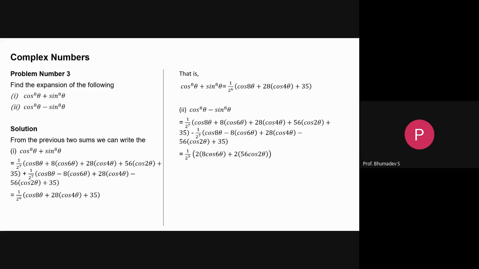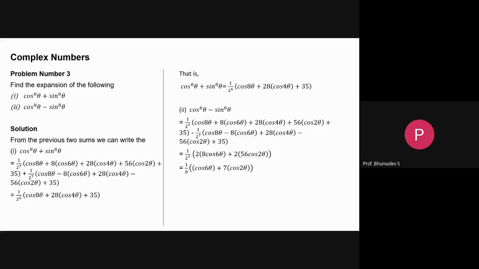So in this case, when we are doing it, the calculation part, 1 upon 2 to the power of 7 into twice of 8 into cos 6 theta plus twice of 56 cos 2 theta, we will have it. So further simplification, if you are doing it, 1 upon 8 into cos 6 theta plus 7 cos 2 theta will be the final answer.